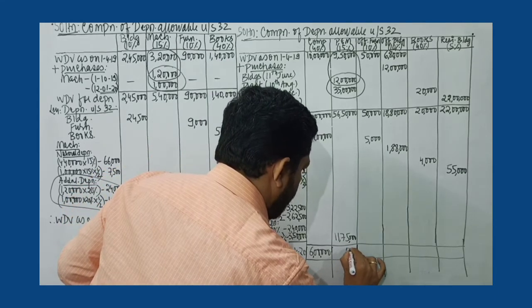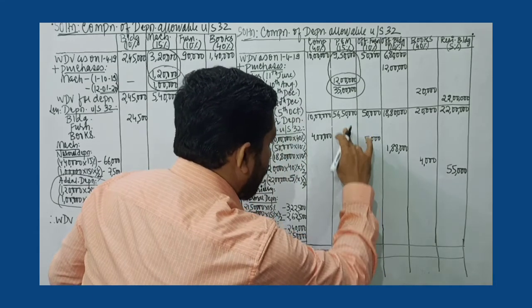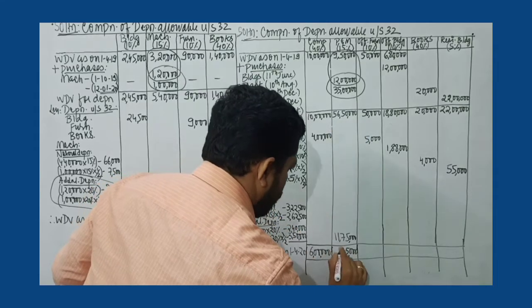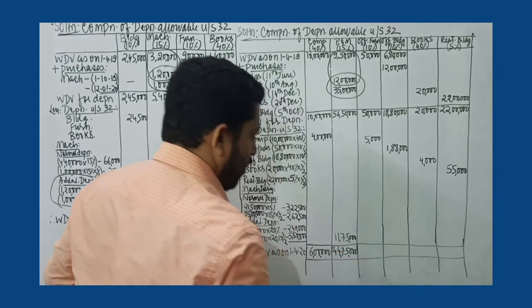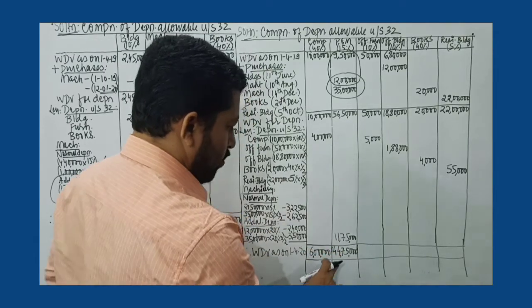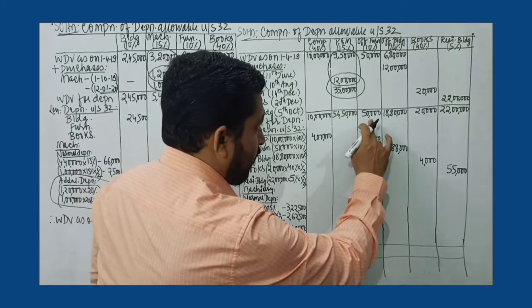So I would get 44 lakh 75,000. So WDV as on 1st April is 44 lakh 75,000.